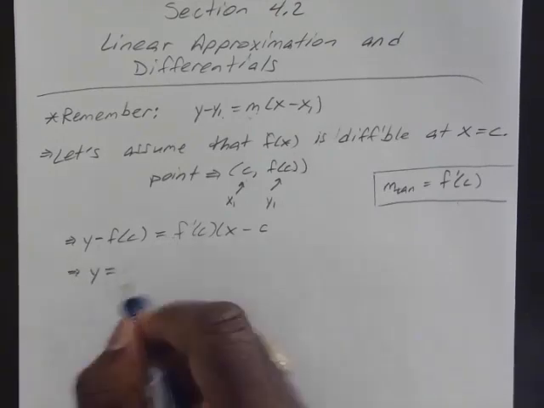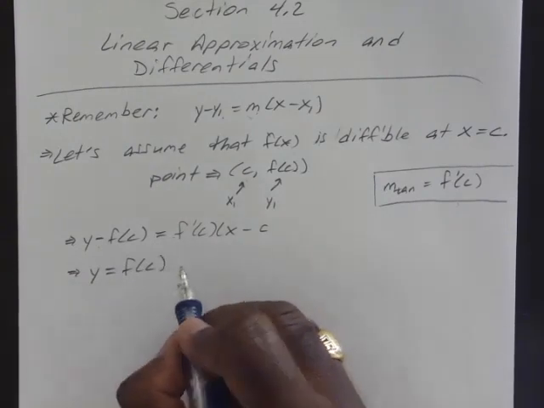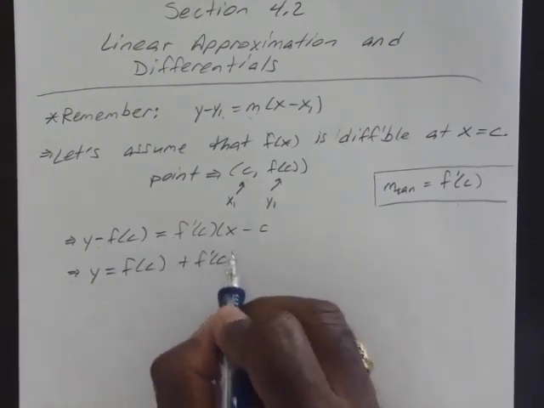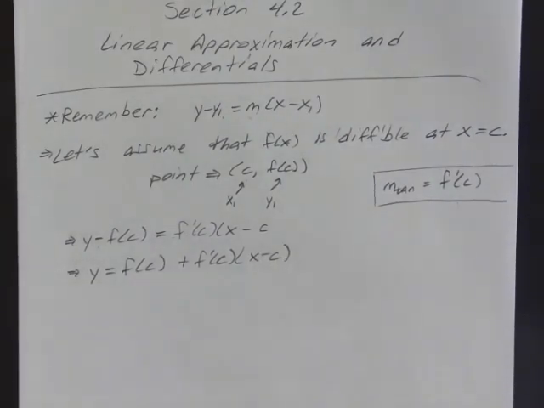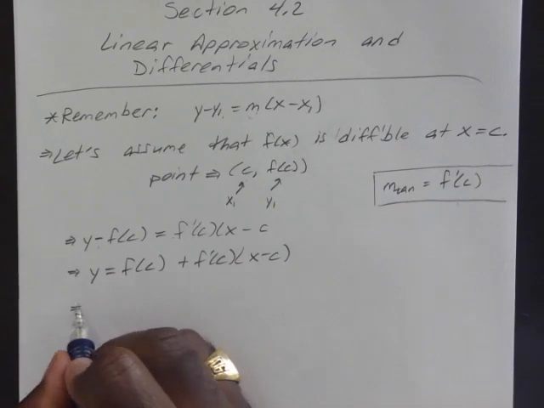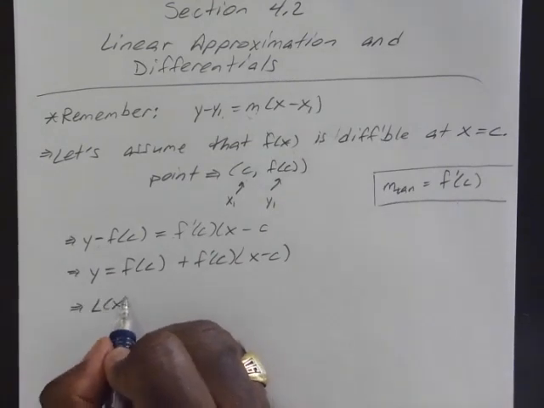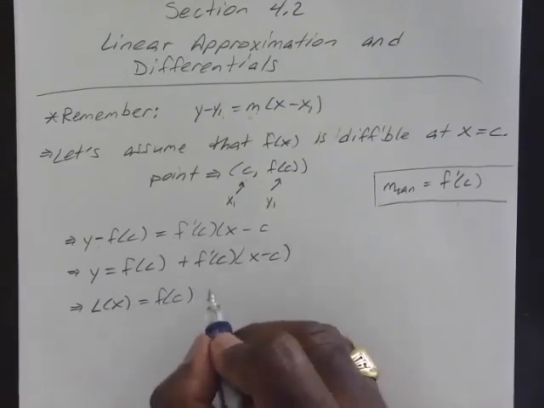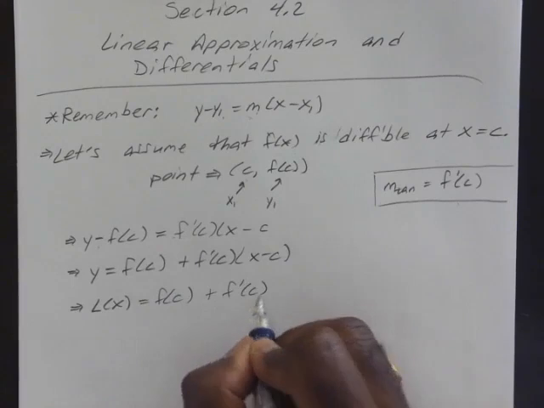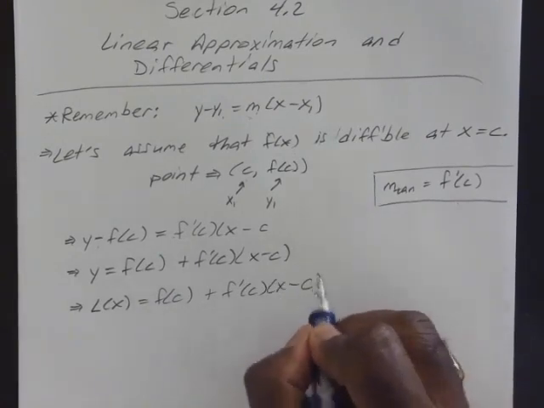That gives us y is equal to f of c plus f prime of c times x minus c. And just to give this formula its own identity, we'll call it L of x is equal to f of c plus f prime of c times x minus c.